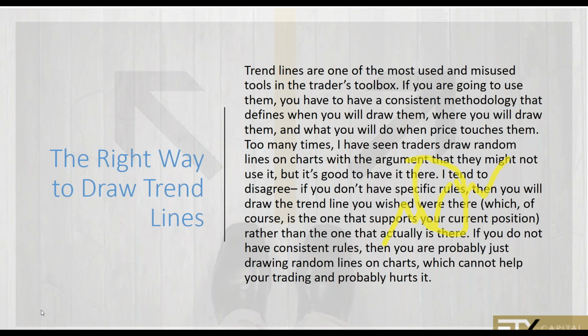are one of the most used and misused tools in a trader's toolbox. If you're going to use them, you have to have a consistent methodology that defines when you will draw them, where you will draw them, and what you will do when price touches them. Too many times I have seen traders draw random lines on charts with the argument that they might not use it, but it's good to have it there.